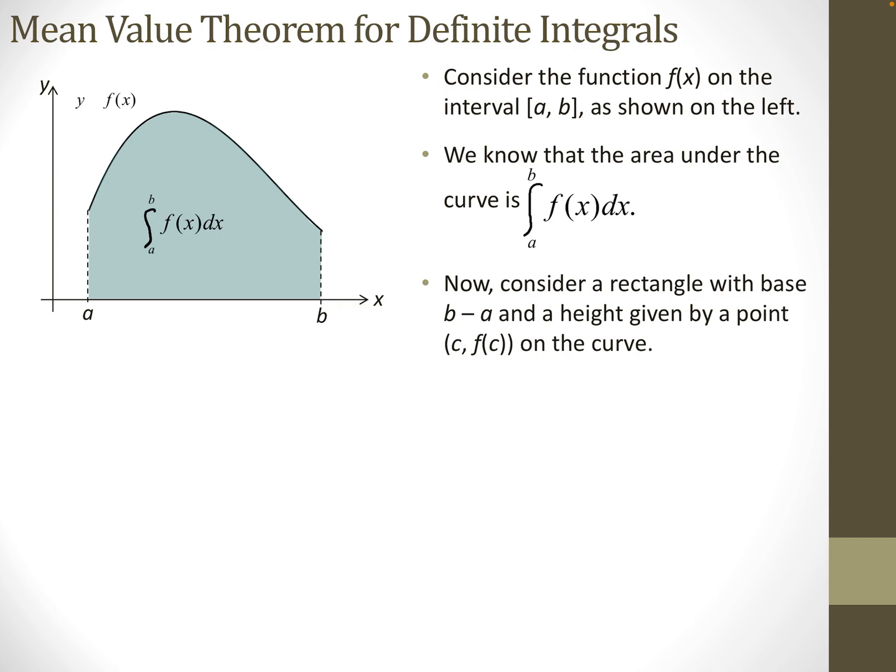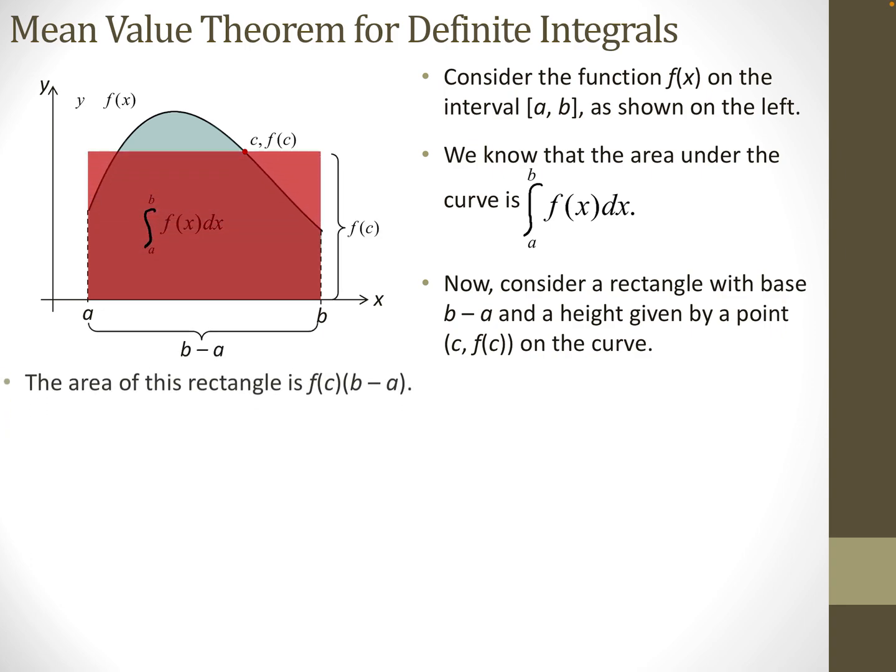We can choose any point on the curve, we don't have to imagine a specific point, but any point like that will give some rectangle. And the area of that rectangle would be f at c, the height of that rectangle, multiplied by the width, which is b minus a.